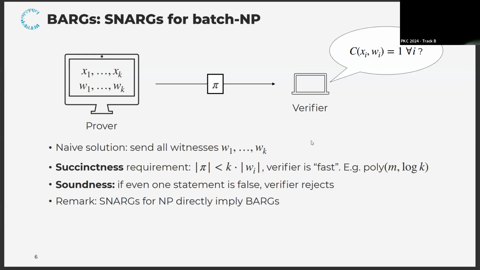So let's define what BARGs are, which is short for batch arguments. In this case, we have k instances, x1 to xk, with their relative witnesses. And we want the prover to send a short proof to the verifier. And the verifier will be able to decide if all of the instances are in the language, or reject if at least one instance is not in the language.